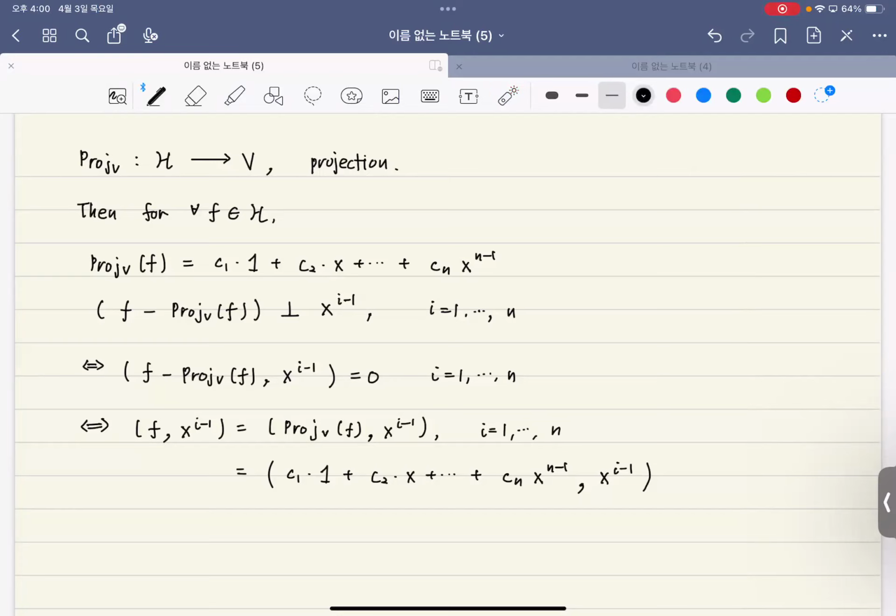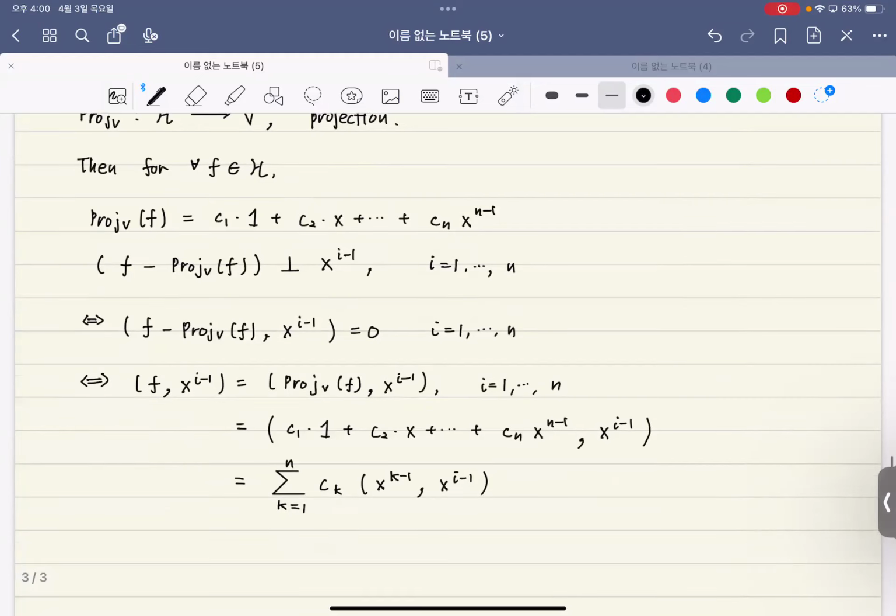Therefore, I have to solve the sum over k from 1 to n of c_k times the inner product of x^(k-1) and x^(i-1). So I have this relation for i from 1 to n.